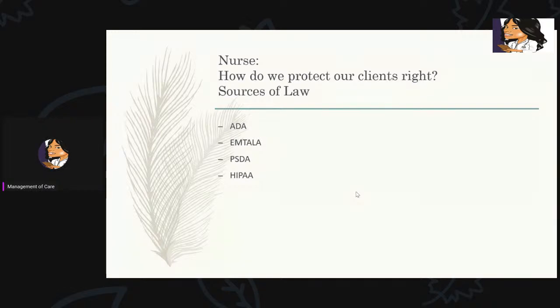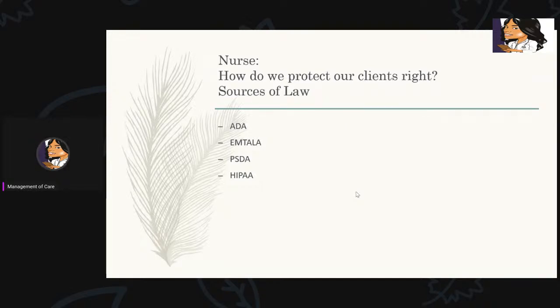And then false imprisonment. All right, write down false imprisonment. This is like forcing a competent person to stay in a facility. This is why we allow patients to sign out AMA. So I want you to write down false imprisonment, because if you hold somebody against their will, that's false imprisonment, and you can't do that even as a nurse.